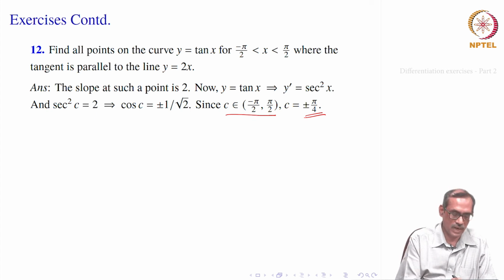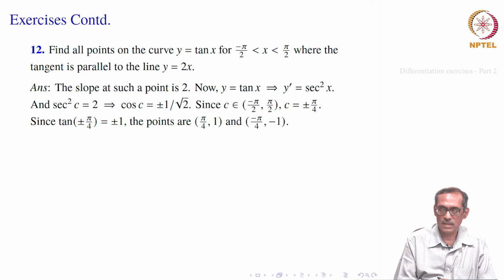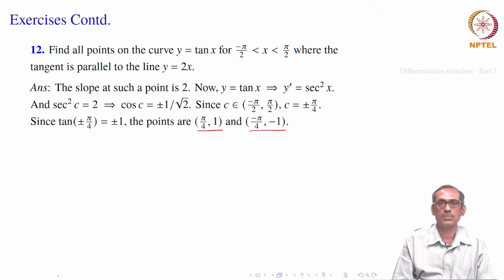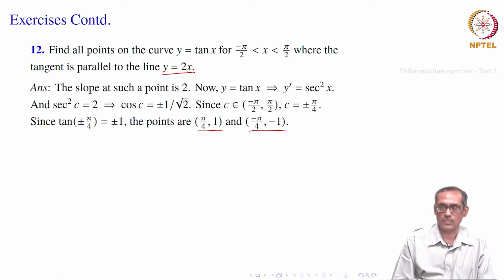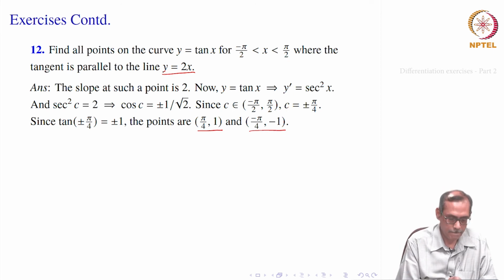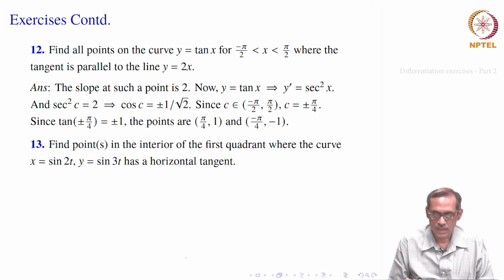So, we got all the points, both of them are there. So, the points are pi by 4 and tan of pi by 4 which is 1, minus pi by 4 and tan of minus pi by 4 which is minus 1. These are the 2 points possible where the tangent to the curve y equal to tan x has slope 2, fine. We go to the next problem.